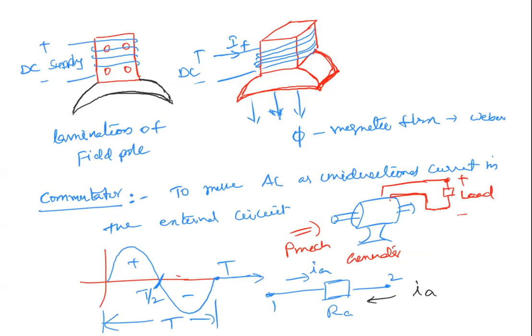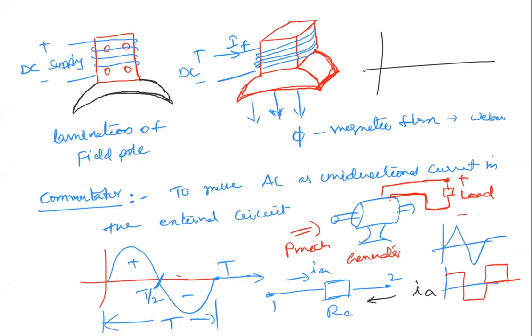This is a sinusoidal shape alternating current. You can have a rectangular shape alternating current, a triangular shape, or a trapezoidal waveform of current or voltage.